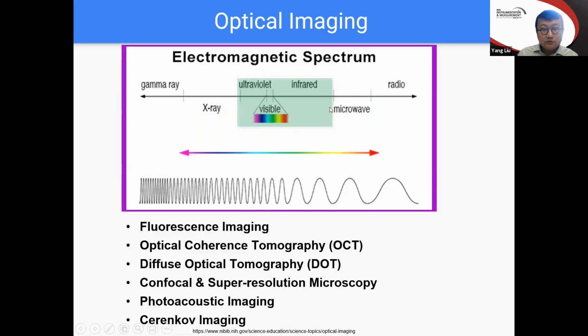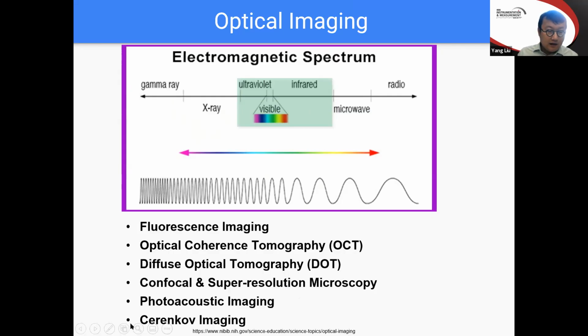For optical imaging, we focus on this spectrum. And in terms of different technologies and modalities of optical imaging, here is a short list. It's not exhaustive. So you have fluorescence imaging, OCT, DOT, confocal and super resolution microscopy, photoacoustic imaging, and Cherenkov imaging.